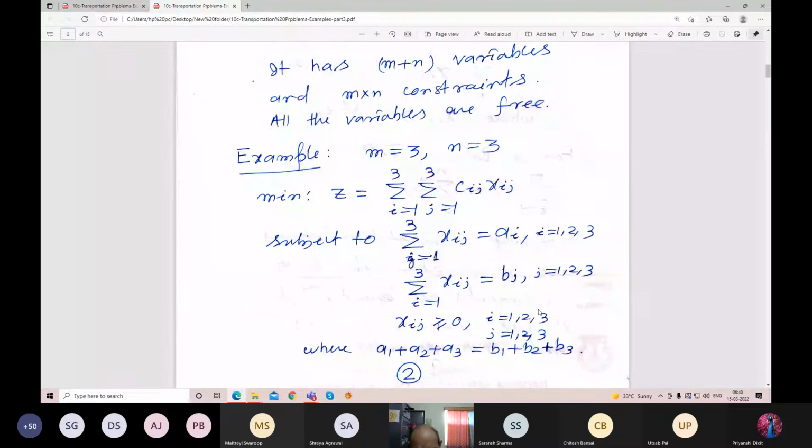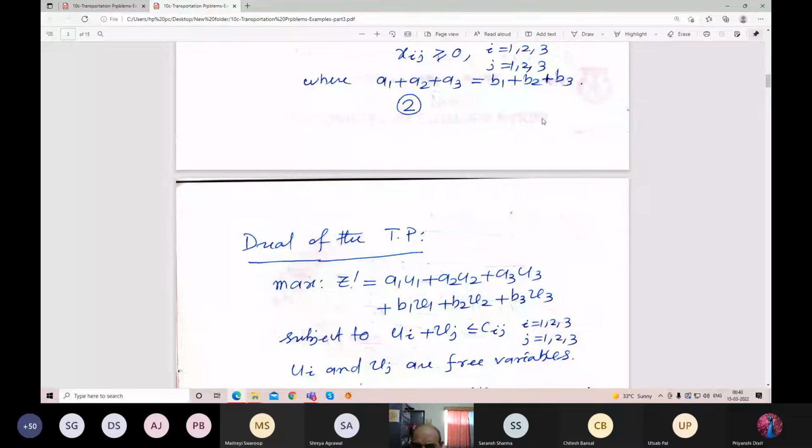Now, if you are finding the dual of the transportation problem, we have maximize z dash, that is a1 u1 plus a2 u2 plus a3 u3 plus b1 v1 plus b2 v2 plus b3 v3, subject to ui plus vj less than or equal to cij, and i varies from 1 to 3, j varies from 1 to 3.